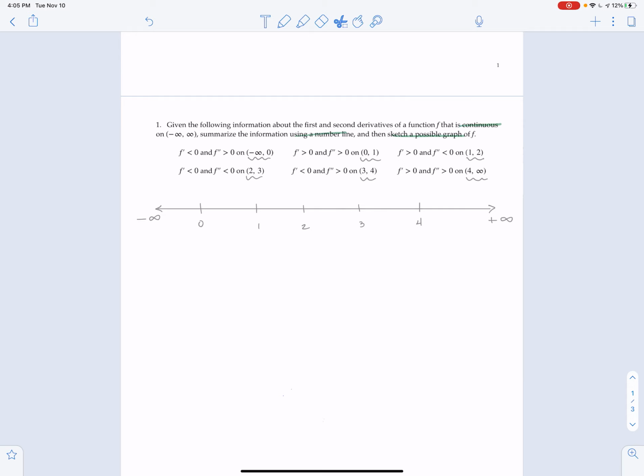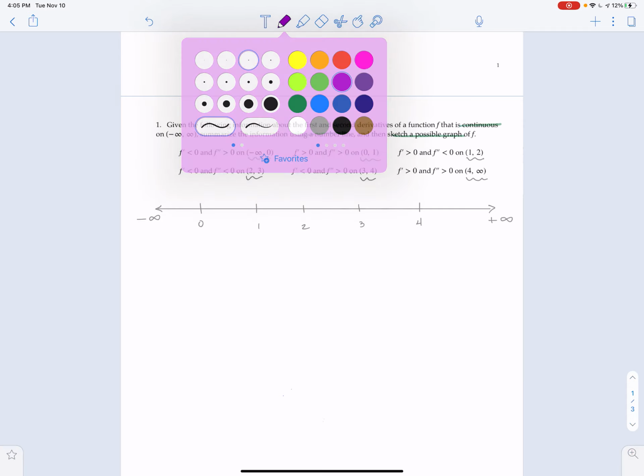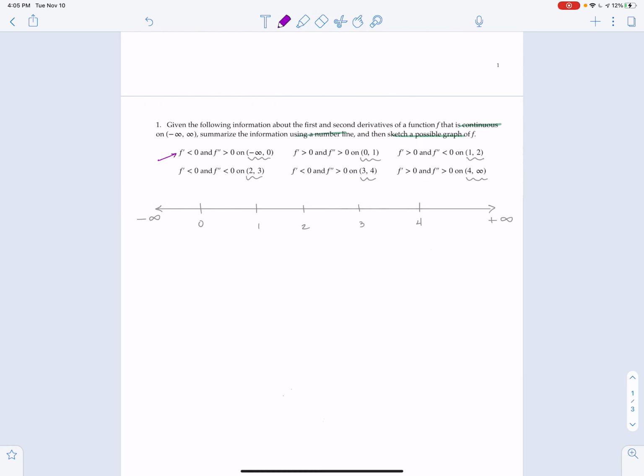What we're going to do here is use the information of the derivative. For instance, our first interval says our first derivative is negative, less than 0. So I know instantly that my function is going to be decreasing. But its second derivative is positive, so I know that on that interval, our function is concave up.